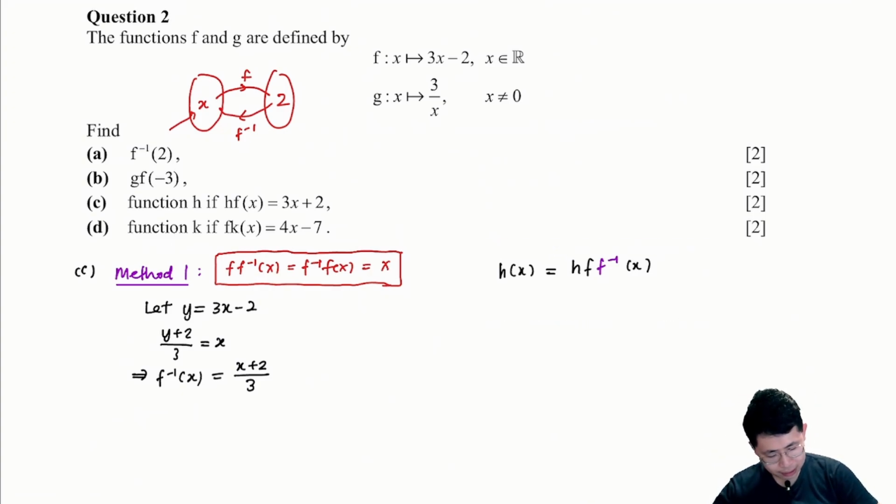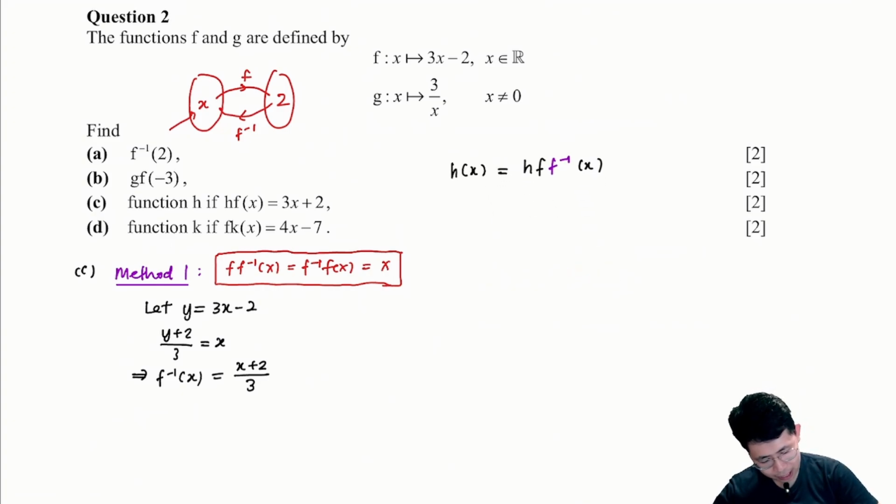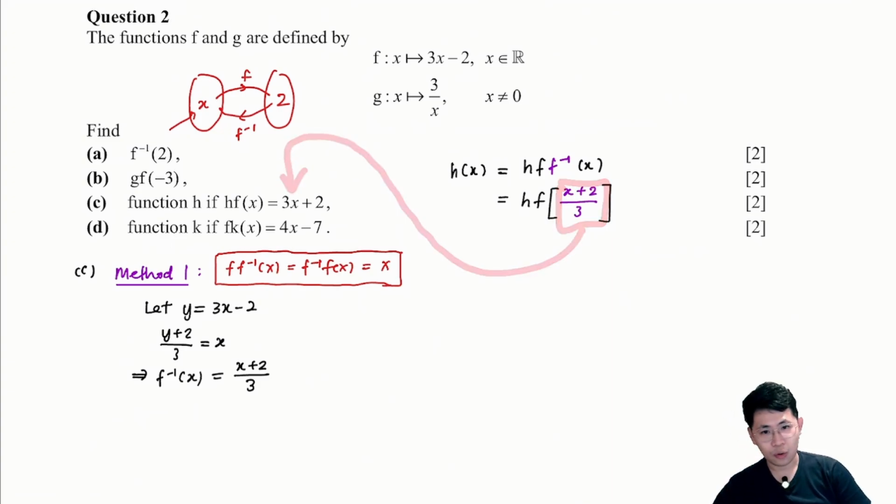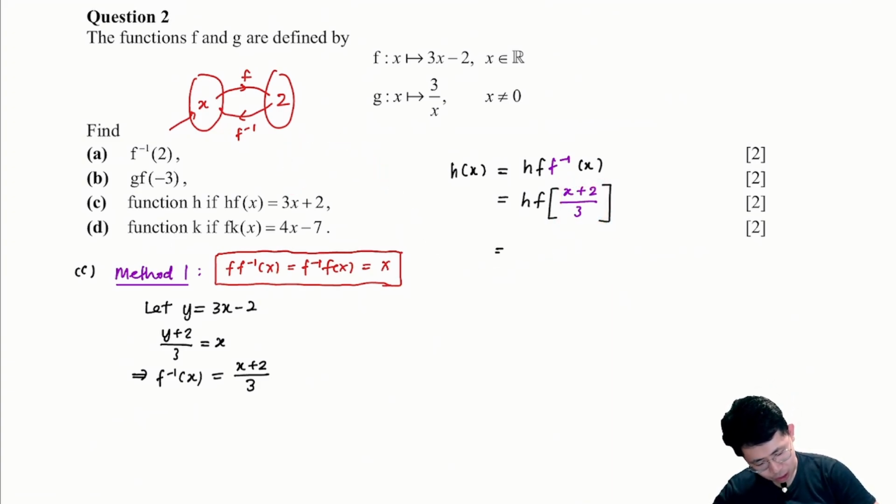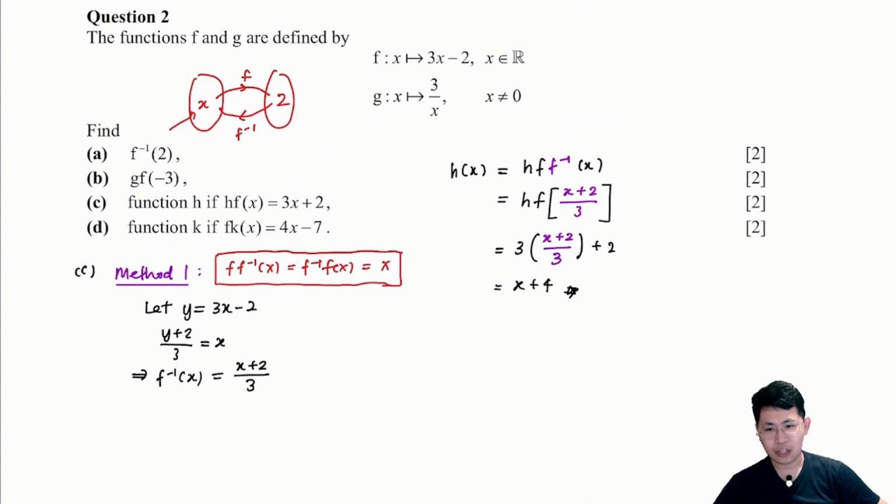Now putting this into hf, so hf of f inverse. I'm going to substitute this f inverse into this expression. So hf is 3x plus 2, and I'm subbing in x plus 2 over 3. Simplifying this, I will get x plus 4 as my expression for h of x.